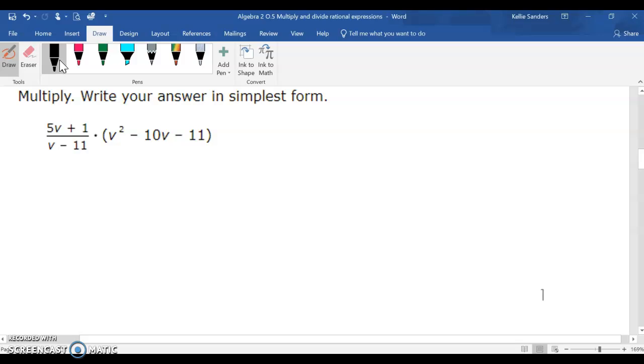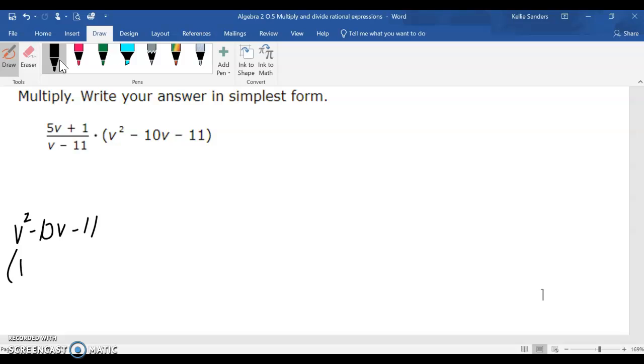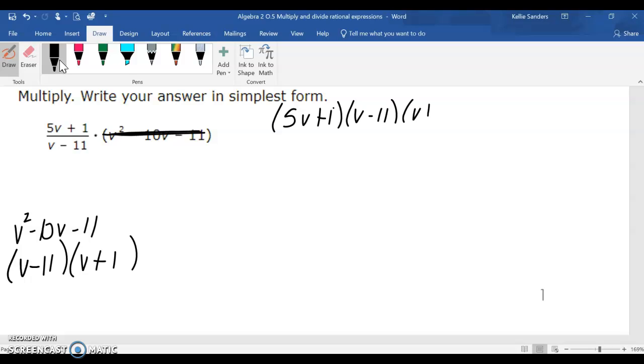So just the bottom, I am going to factor this out. Bring the negative down. Negative times a negative is a positive. Multiply to negative 11. Subtract to get negative 10. 11 and 1. So instead of this, we will have 5v plus 1, v minus 11, and v plus 1 all over v minus 11.